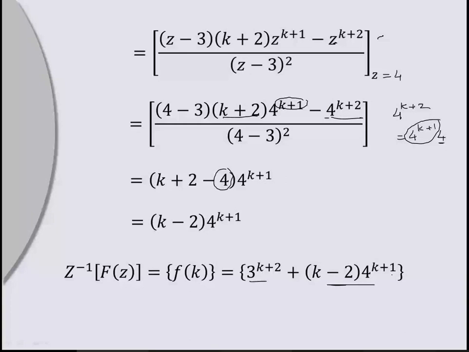So you can use any of the methods. Either you can use the power series method, or the partial fraction method, or the inversion integral method. Inversion integral can be used for any problem. Partial fraction is generally used for problems in which the power of numerator and denominator are the same, and we can easily take one z common from the numerator term.